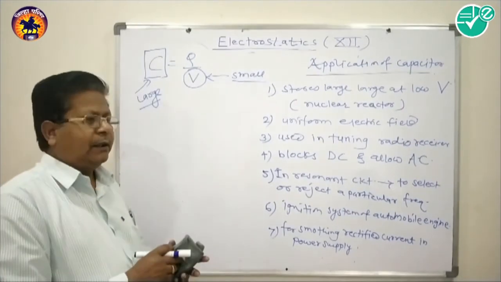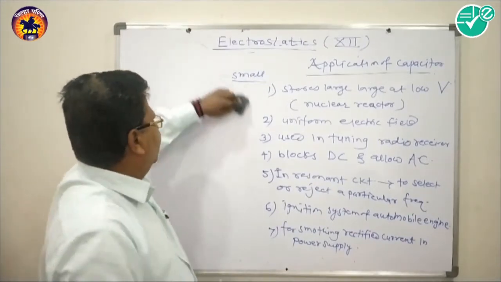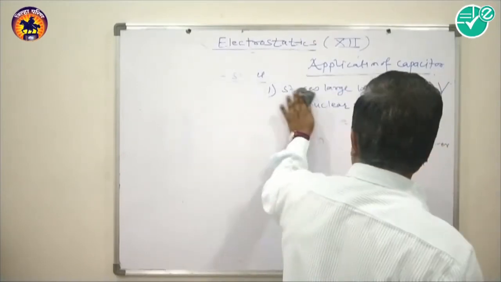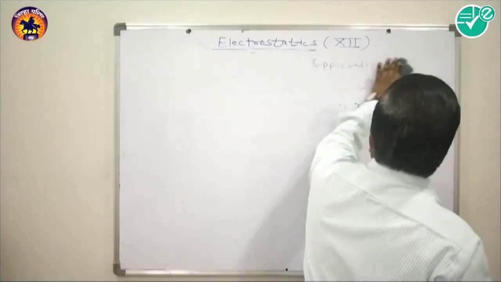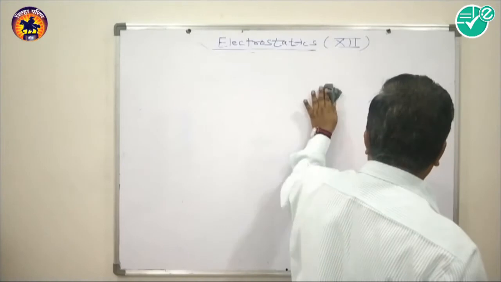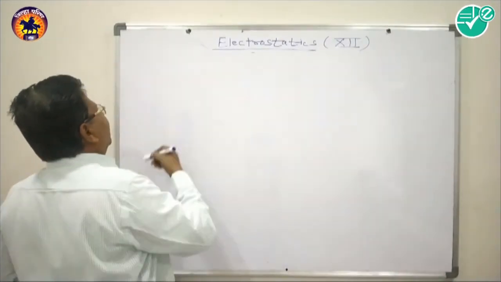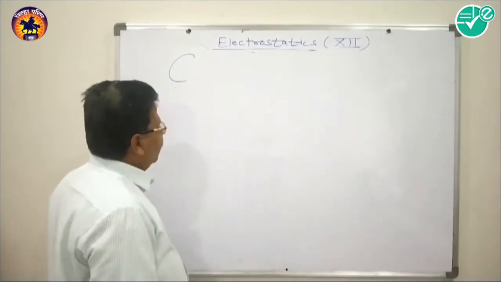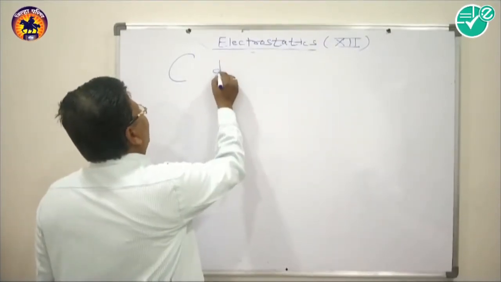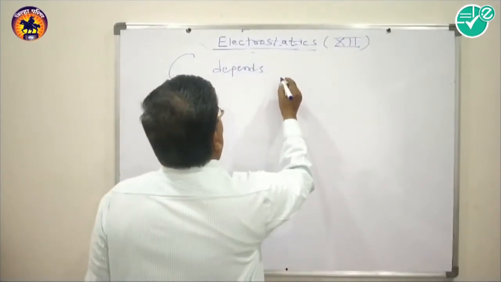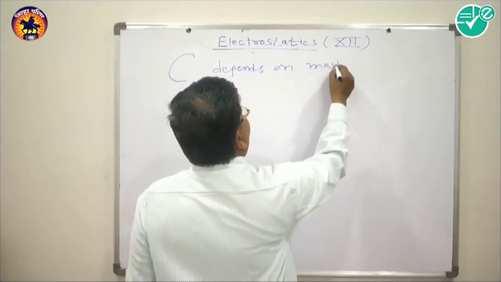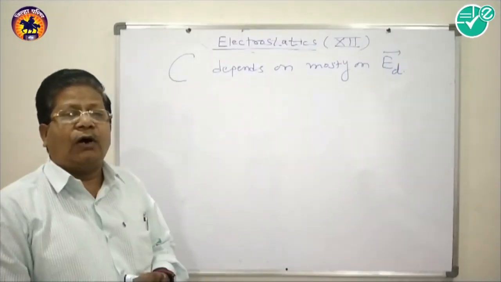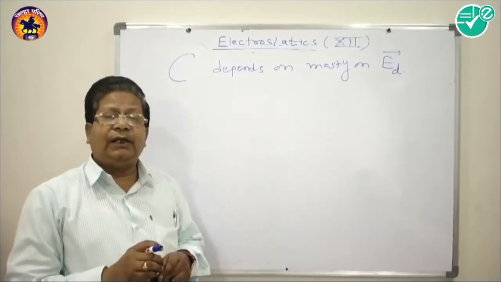In this article, capacitor and capacitance, we have studied the formula for the capacitance of a capacitor: C equals Q by V, or this formula can be written as C equals Q divided by E into D. That means the capacity of the capacitor depends mostly on the electric field, that is, the reduced electric field when the dielectric is introduced.